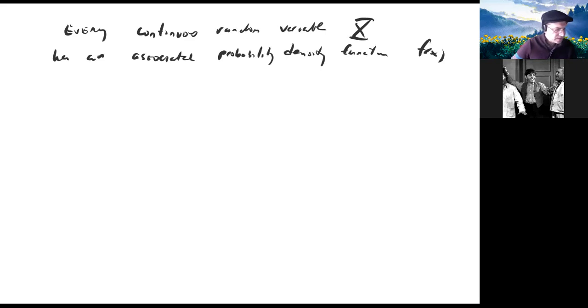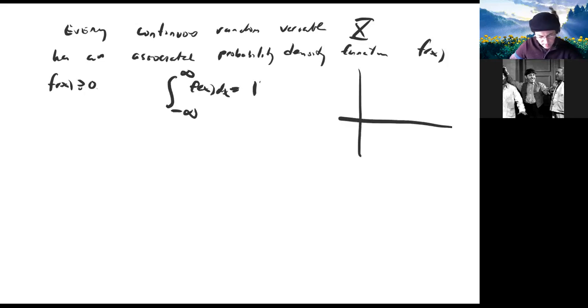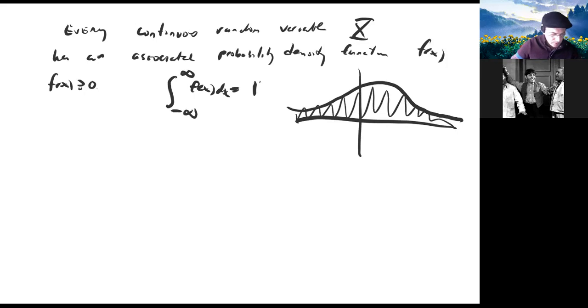This is a real valued function, and f of x is greater than or equal to 0. And it has the following property: the integral from minus infinity to infinity of f of x dx is equal to 1. So the picture you may have is some curve defined on the whole real line, and the area under the curve in the sense of improper integrals has value 1.